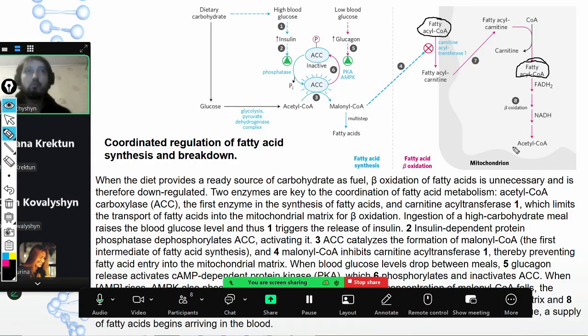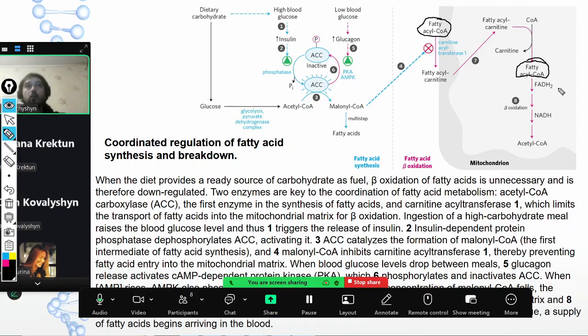There are some biochemical steps in between, so you remember it cannot just cross the membrane. There is no transporter that will take it as a whole, but there is a cunning way: some sort of acyl part is disconnected from the CoA and connected to the carnitine, then this construction can cross this double membrane barrier, and then it is disconnected from the carnitine and reconnected to the CoA.